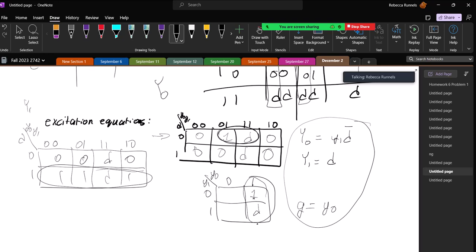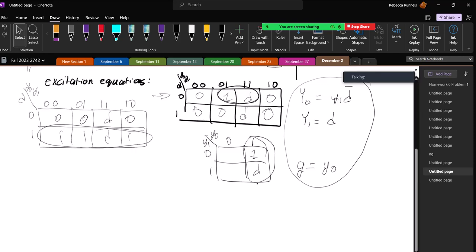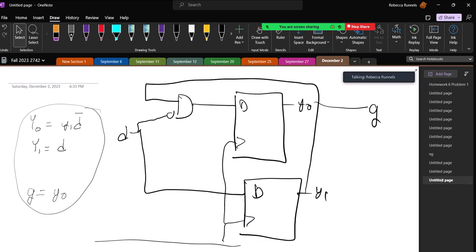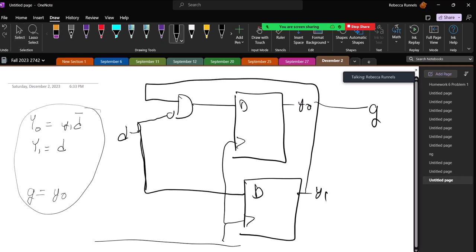And what did you do with D in the circuit? D was an input. Y0 is my excitation equation for D0 and D1, and it was Y1 and not D. So I put a little bubble here for the not D and Y1 coming around, and I've got the AND of those.